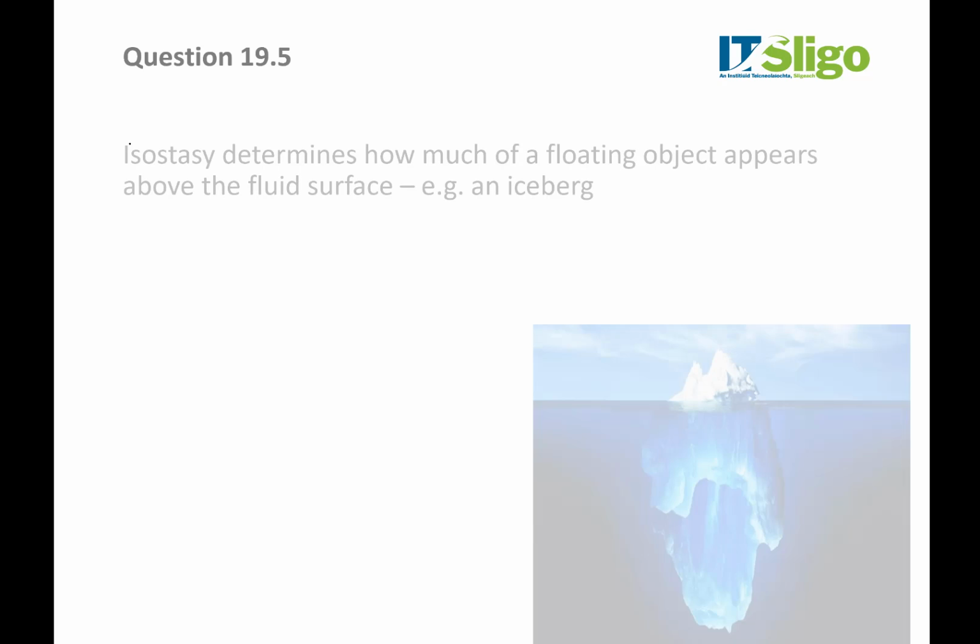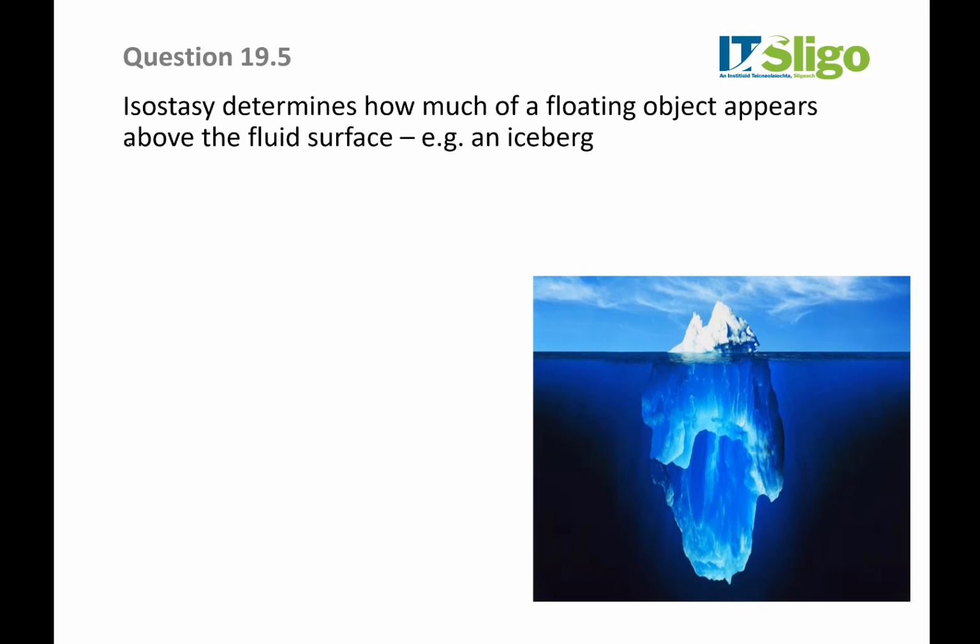And now one more question. This is isostasy. What isostasy is really the study of is how we can work out lots of things from an iceberg. If we can measure the height above water that's showing, and we know the density of ice, rho O, density of the object, I'll just write it there, and we know the density of the fluid, rho F, then guys we can calculate the total height of the iceberg.